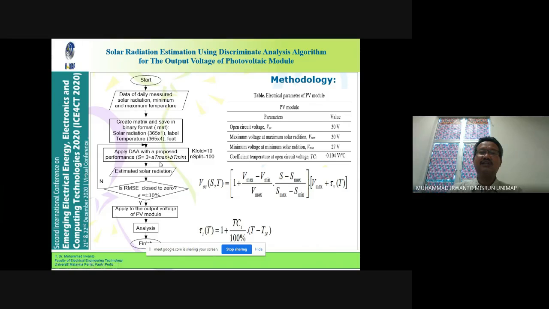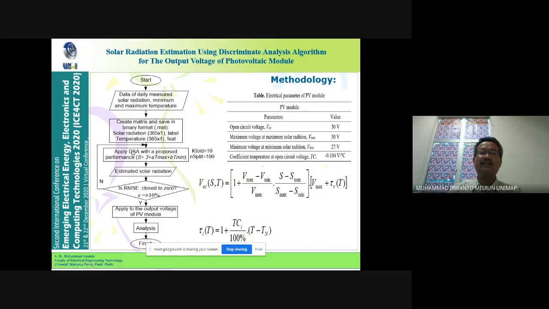The formulation is S equals 3 plus A Tmax plus B Tmin. Here S is solar radiation, A and B are the coefficient of Tmax and the coefficient of Tmin, Tmax is maximum temperature and Tmin is minimum temperature.